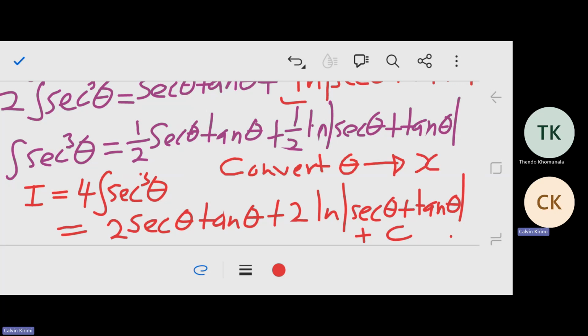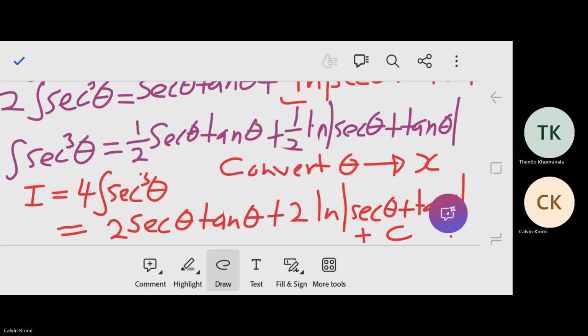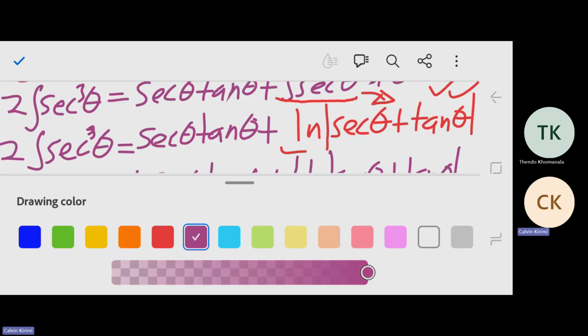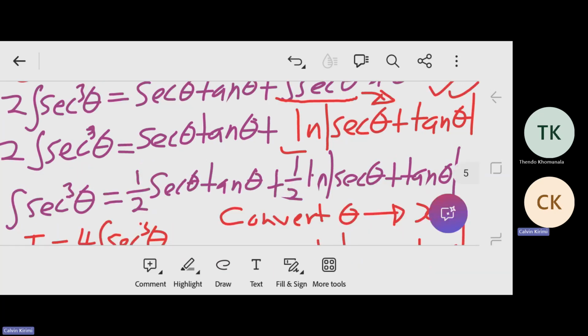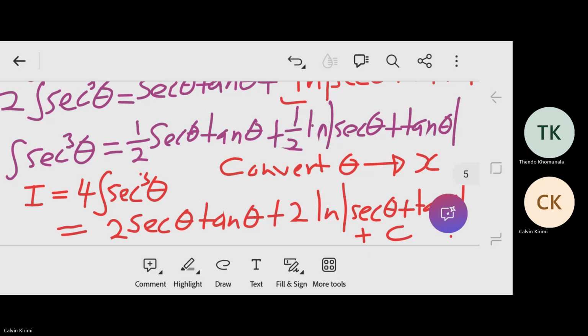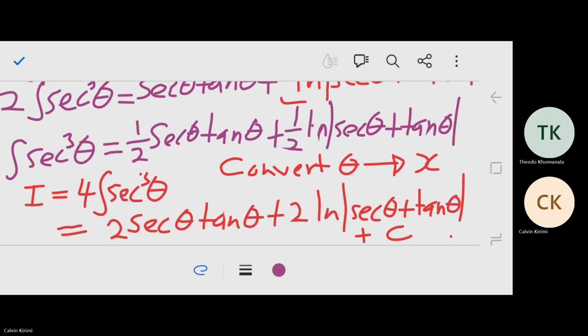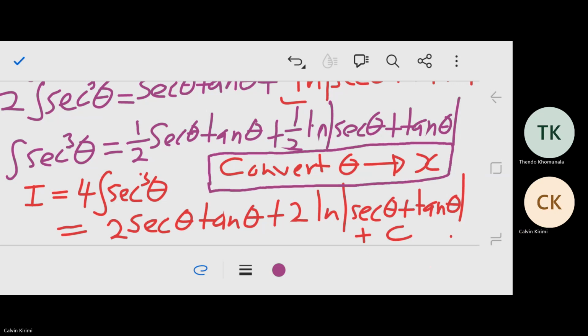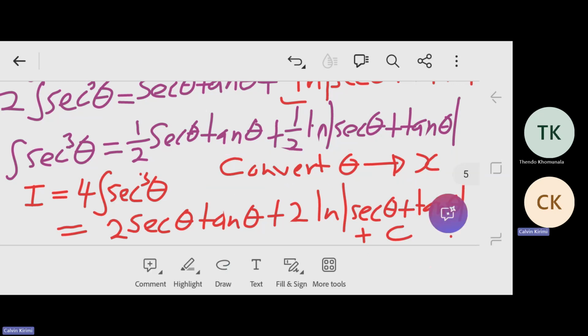That is what is left. Like using the triangle, you use the triangle to get theta back to x. So that is the last thing.